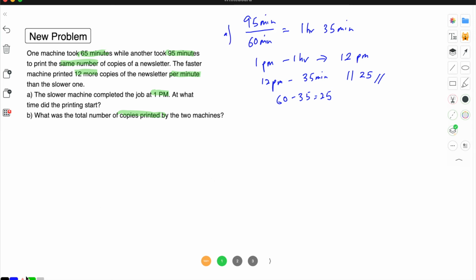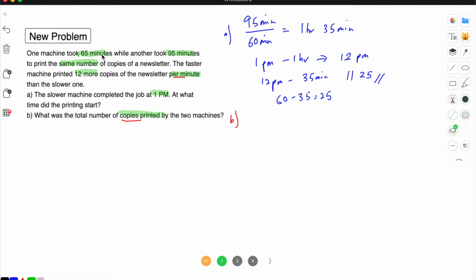So now let's tackle part B. For part B, we want to find out the total number of copies of the newsletter. We are given this information that the faster machine actually prints 12 more copies per minute. So now we have two machines.